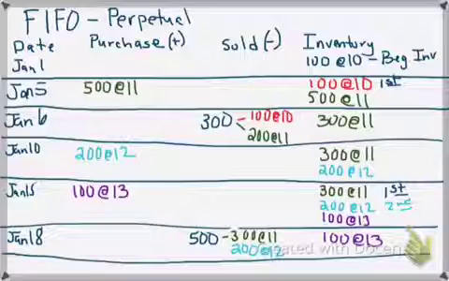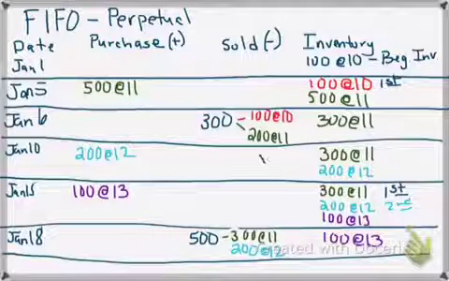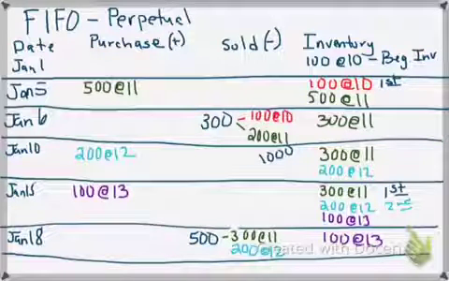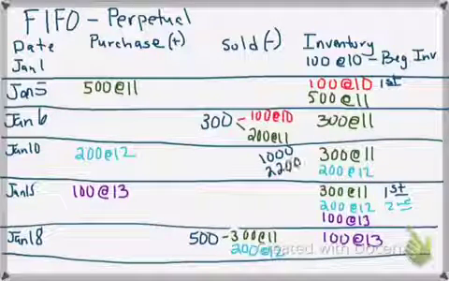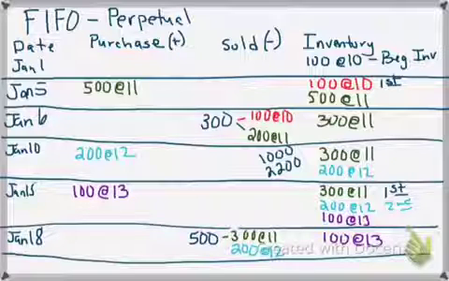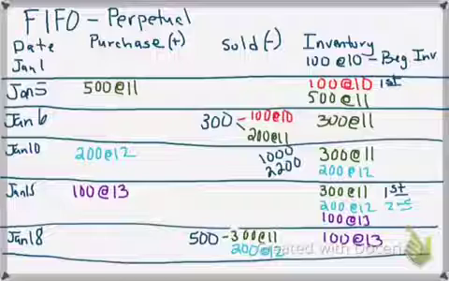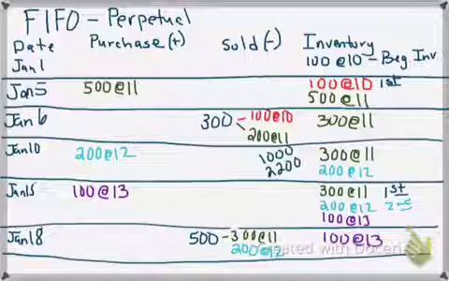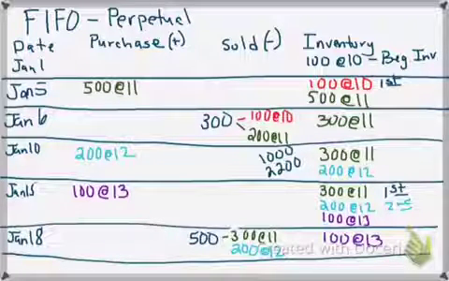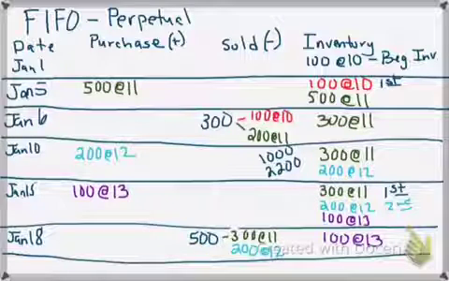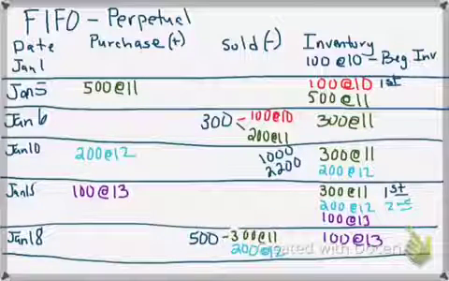Well, for this particular one, what that's given me is $1,000 there. It gives me 2,200. So if I was actually doing a journal entry here, then my cost of goods sold for this particular entry would be at the $3,200. The January 18th, what I'm looking at there, and I'm putting that down here.